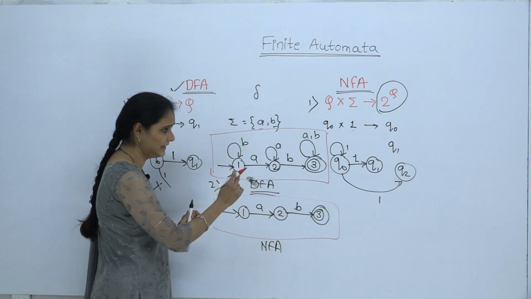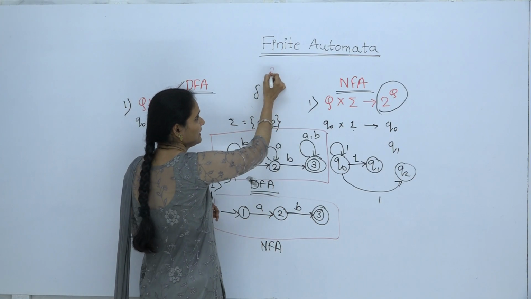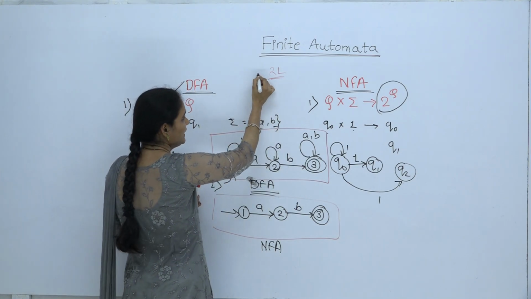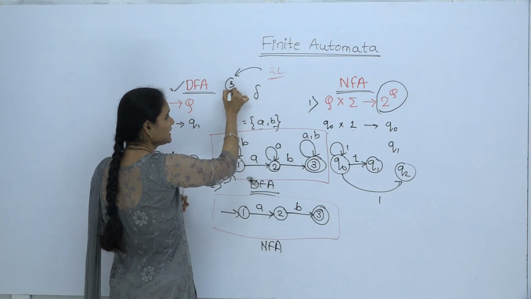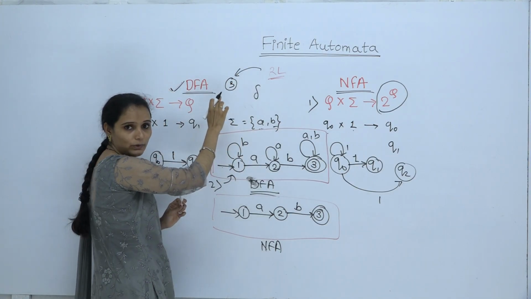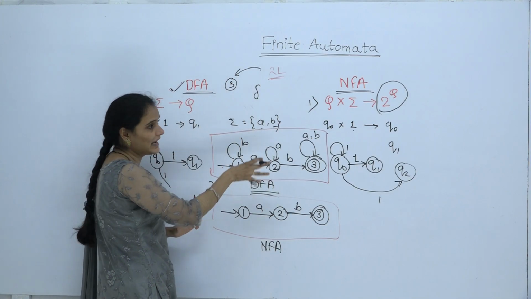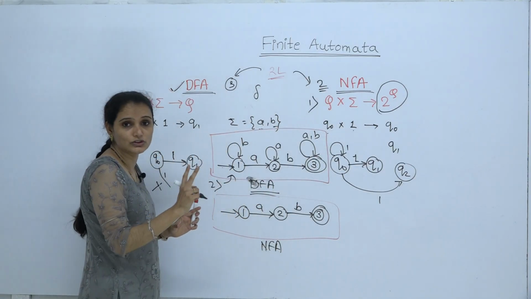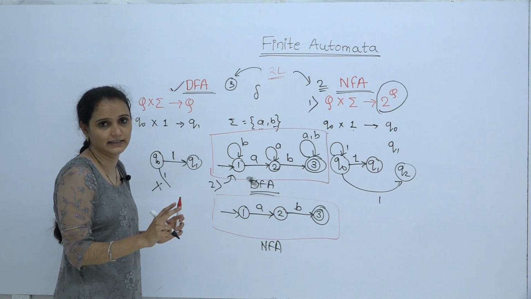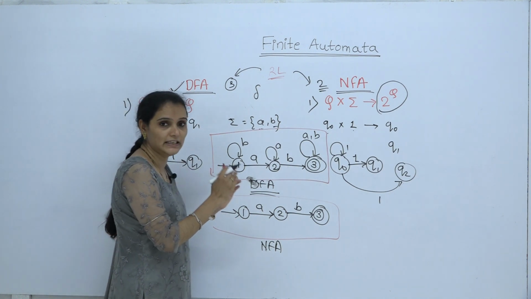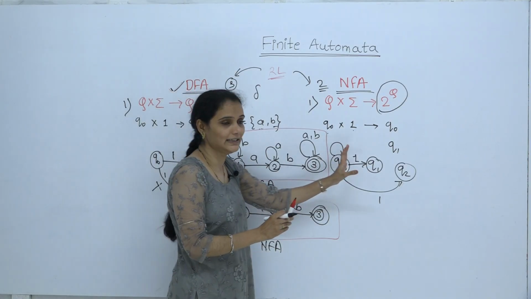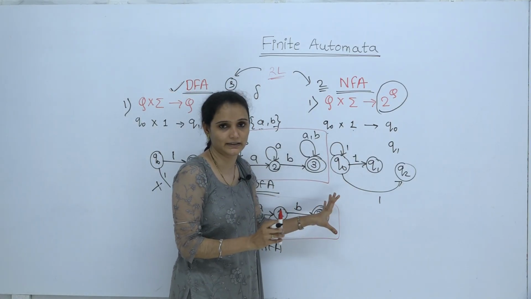Suppose one regular language is there, and if I design that language using 3 states, Q0, Q1, Q2, then the same language we can design using only 2 states in the NFA. So we can use a minimum number of states for the NFA.